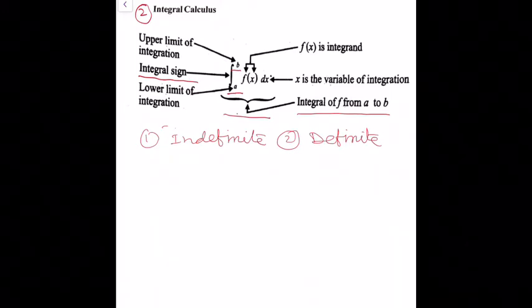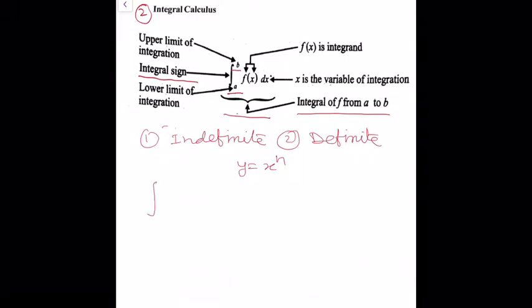Indefinite integration: suppose the function is given, y is equal to x to the power n. In indefinite integration, it is the sign of integration x^n dx. In indefinite integration, there is no limit.